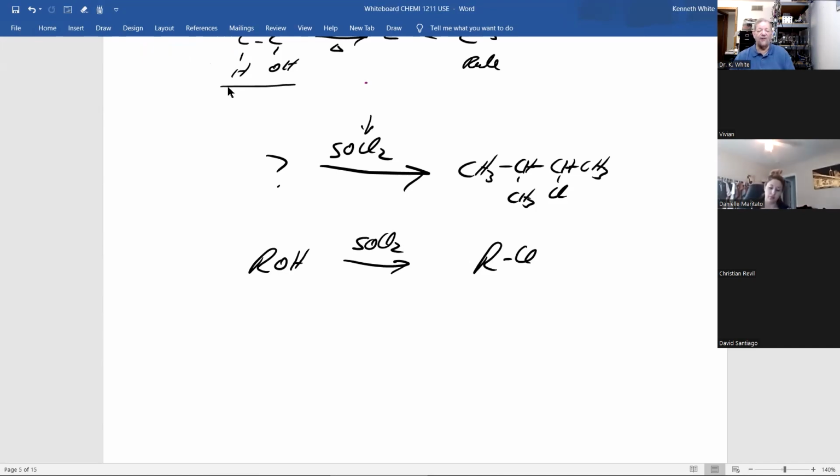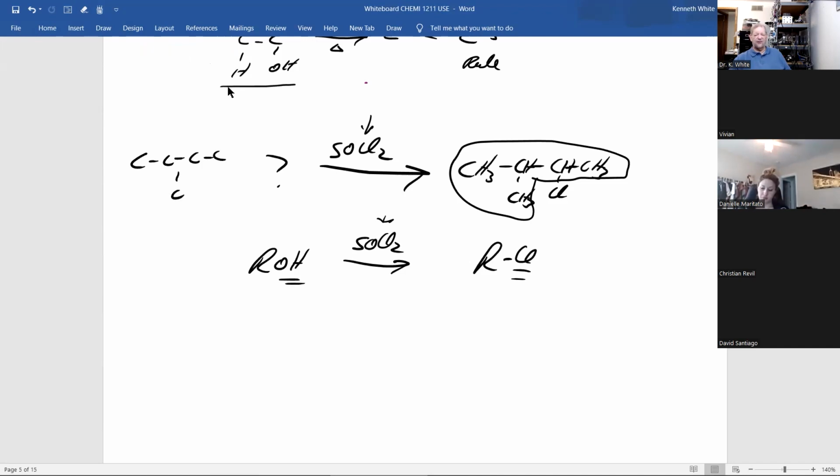If you take an alcohol and react it with thionyl chloride, you replace the hydroxyl group with a chlorine. So what's my R group? Yeah. 4 carbons, a methyl group. Which carbon has the halogen? That one, which is this one, will have the alcohol. And that's how you do that.